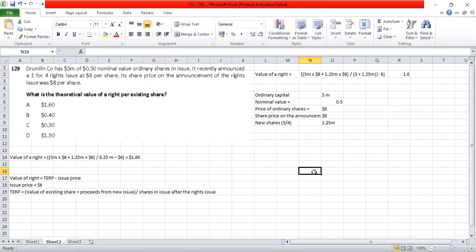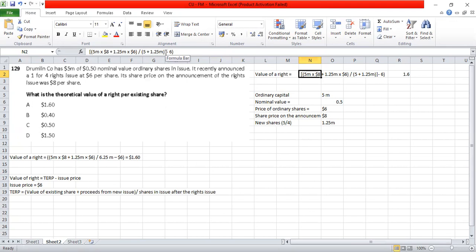The entire thing calculated is TERP. So from TERP, after the fraction is calculated with 1.25 million, we have 6.25 million in the denominator. So this entire thing would be the fraction, and that is TERP.